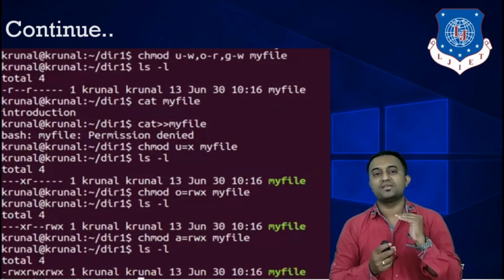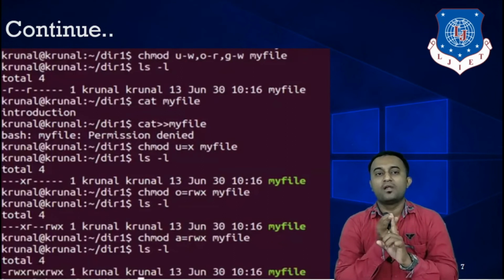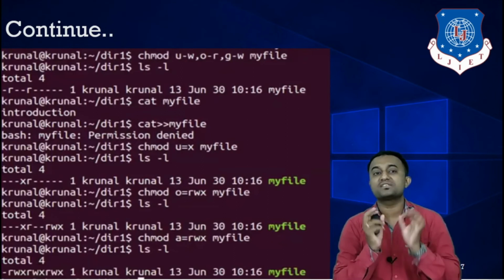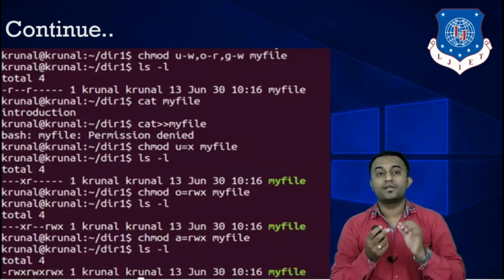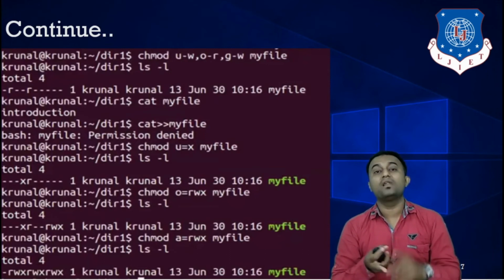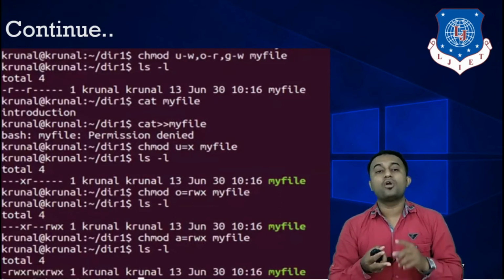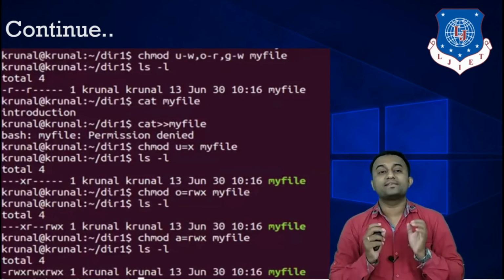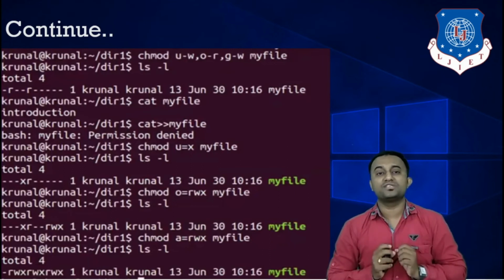Suppose if you change these things, then by accessing this particular file, only user and group of users can read that file. Nobody, whether it is the owner of that file or the group of users, can write something or execute something by accessing this file once you change this permission.